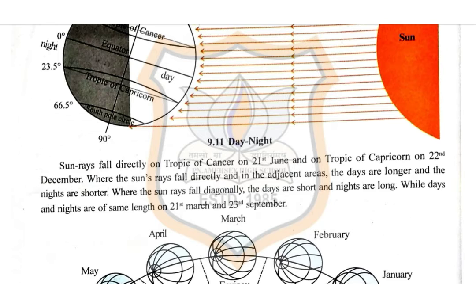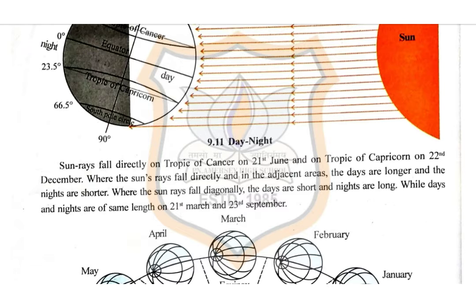Sun rays fall directly on the Tropic of Cancer on 21st June and on the Tropic of Capricorn on 22nd December. Where the sun rays fall directly and in the adjacent area, the days are longer and the nights are shorter.